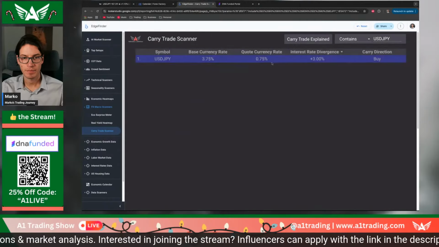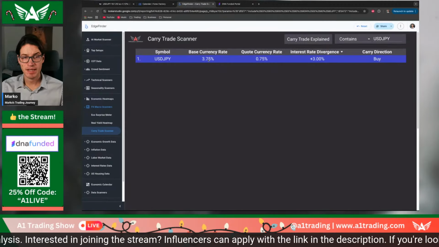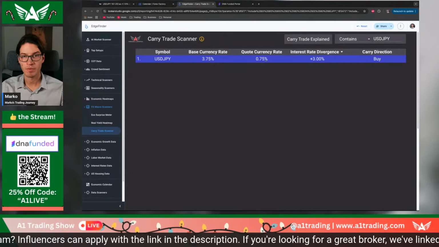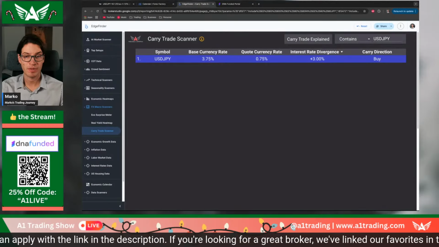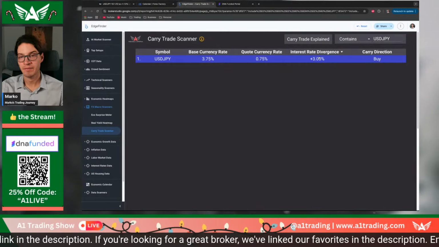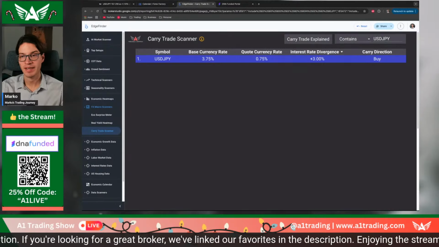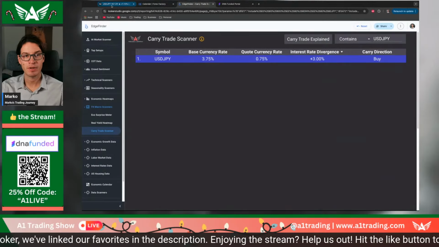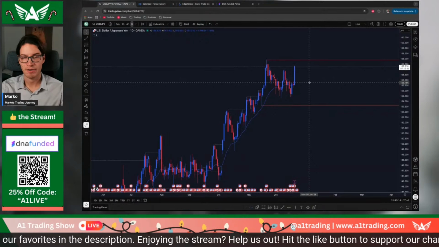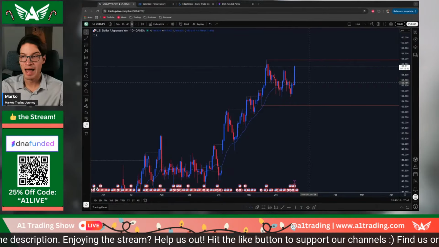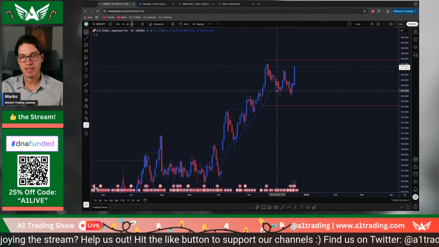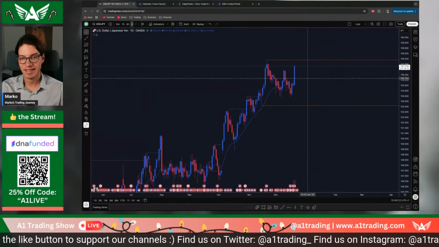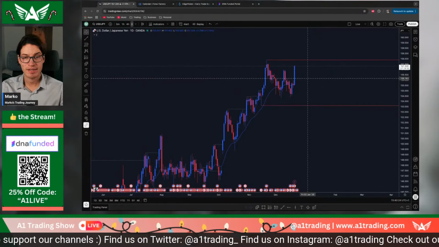You would think if this number is coming down, which it is, and if this number is going up, from 0.5 to 0.75, and the divergence is getting smaller, so the carry trade profit is getting smaller, that people are starting to exit the carry trade position, but that hasn't happened yet. So the dollar is still appreciating against the yen. People are still buying the dollar and selling the yen. Looks like the carry trade is still in full play.